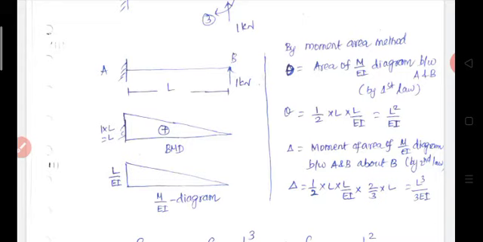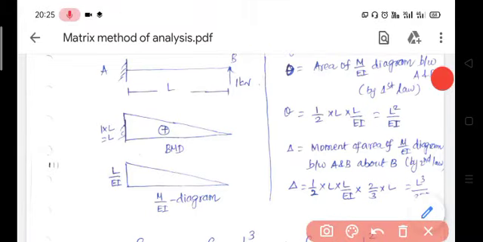We know the change in slope between any two points in a beam is equal to the area of the M by EI diagram between A and B. So theta B minus theta A is equal to the area of the M by EI diagram between A and B. This is as per the first theorem of the moment area method.